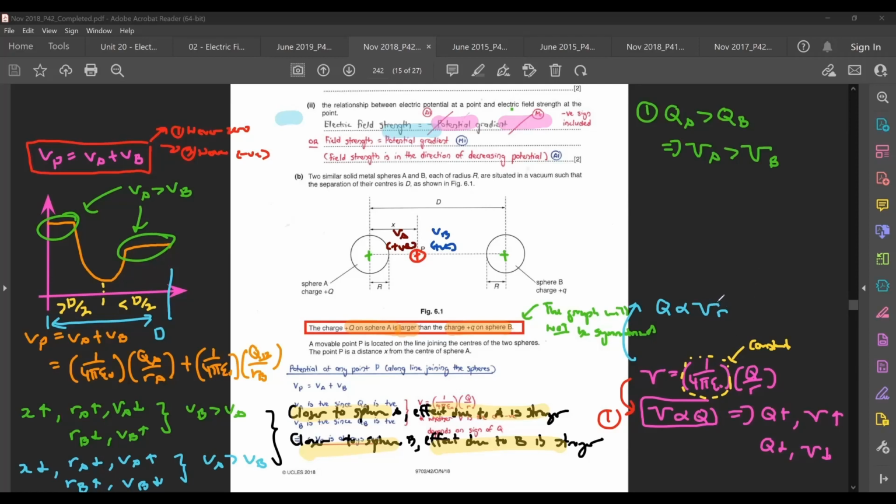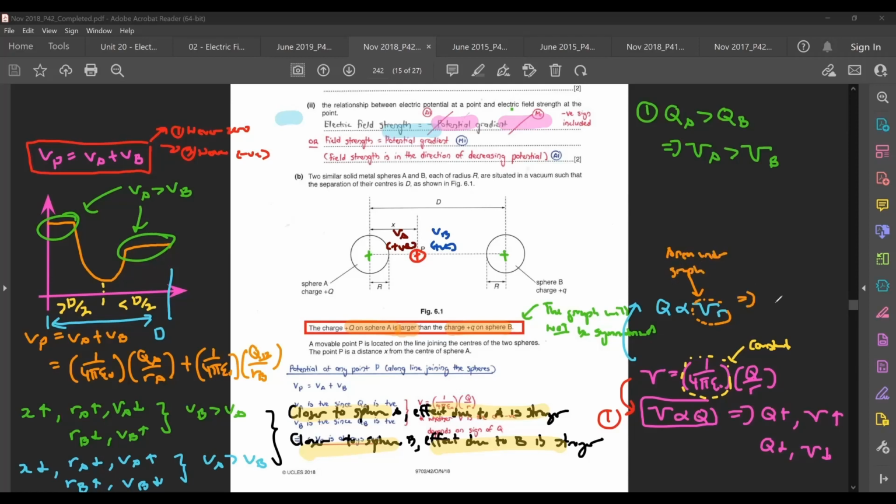Now, when you take potential times R, the V times R here is actually akin to the area under your potential distance graph. Okay, so what I can then say from here is probably something like this. Let me just rewrite it here so that it's more consistent with what I just wrote. This one here is area under your graph.